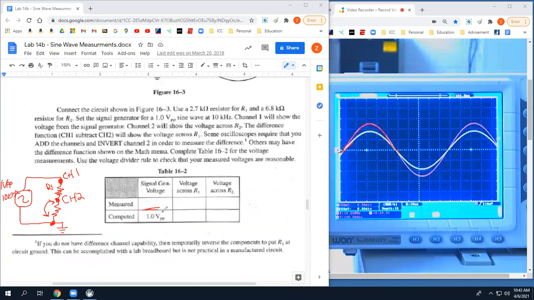All the commons are together on this one side. These ones are the function generator.